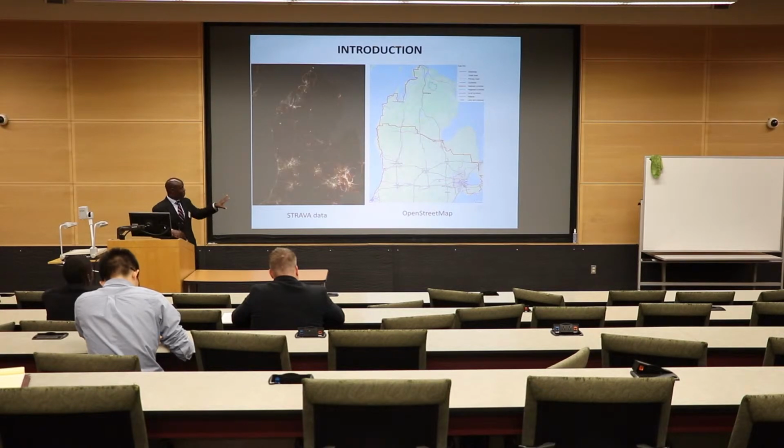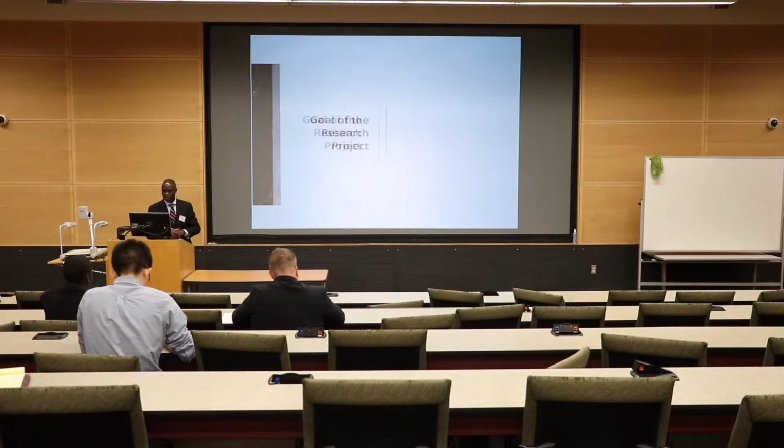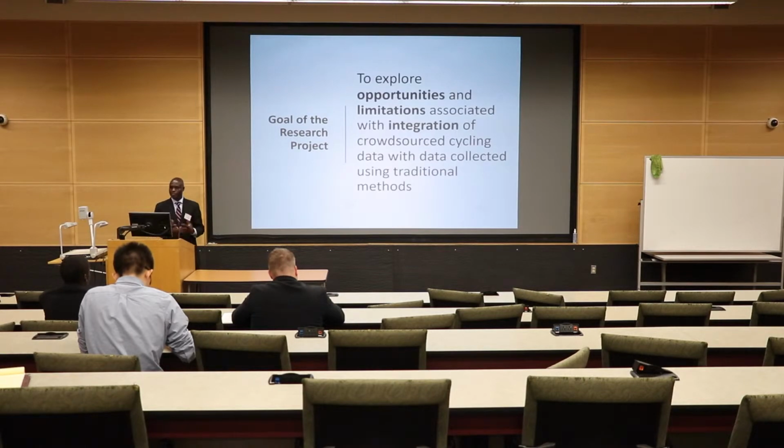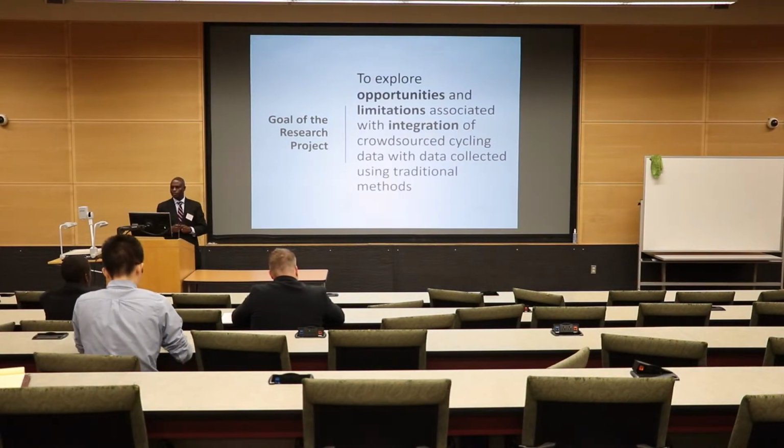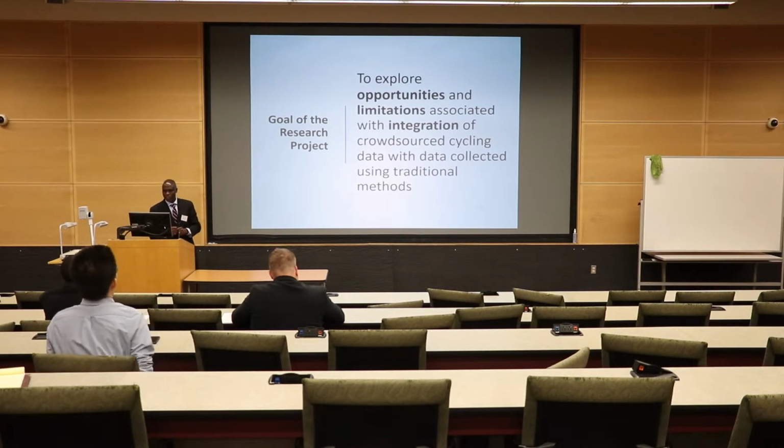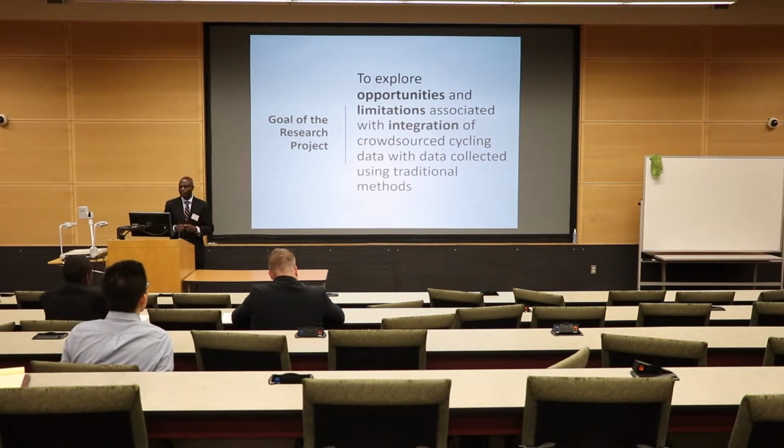So the map that is shown here is actually a heat map of Michigan, which is showing Strava users. So if we can get that information, can we incorporate it with other data to improve our estimation methods? So the goal of this research was actually to explore opportunities and limitations associated with integration of crowdsourced cycling data with data collected using traditional methods.